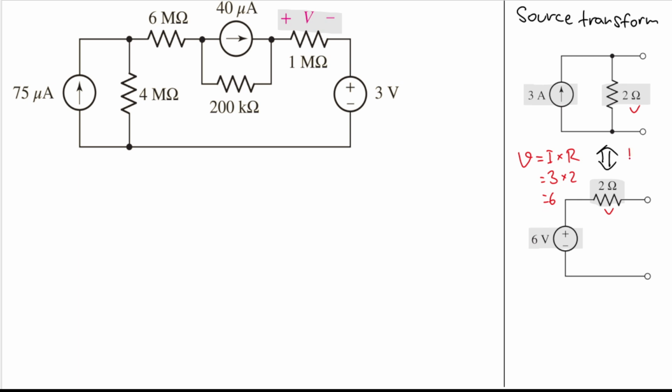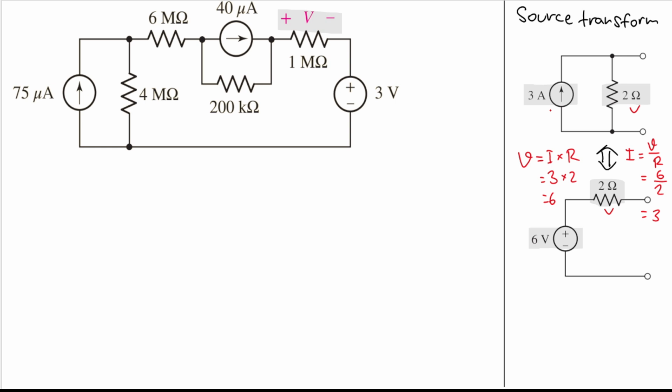We can also use this: I is equal to V divided by R. So if we have a 6 volt voltage source and 2 ohm resistor, we can change it into 6 divided by 2, which is 3 ampere, which is this value here. So we can transform between them.